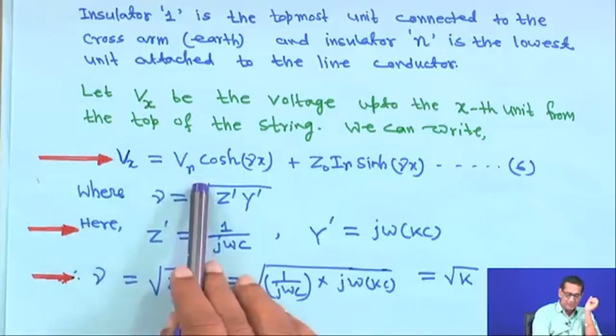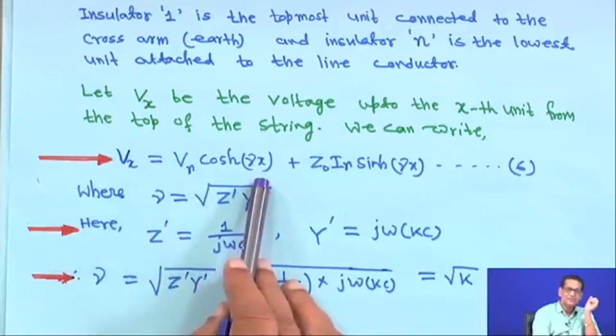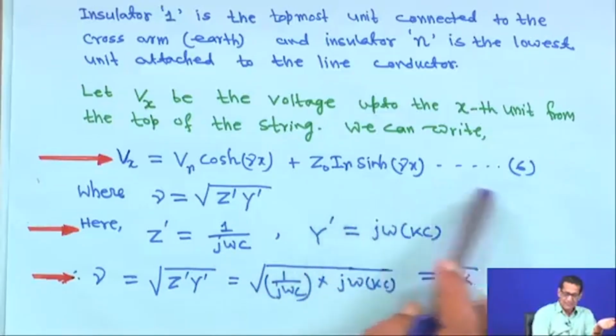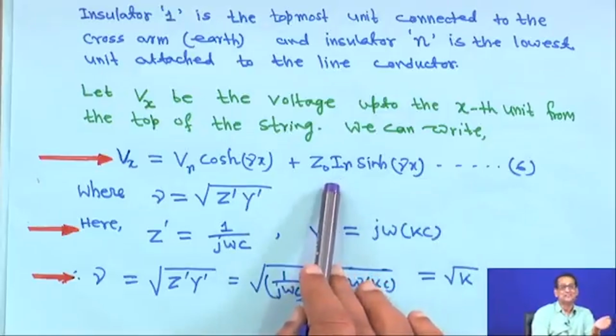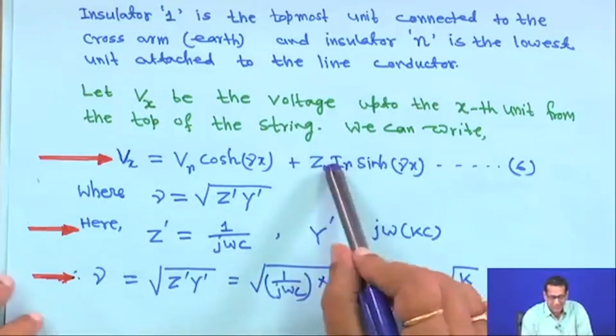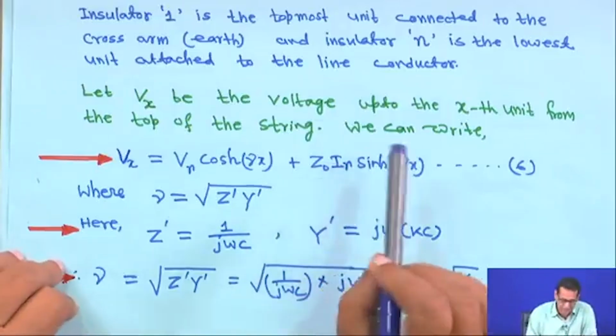So, Vx is equal to Vr cosh gamma x plus Z0 IR sinh gamma x. This is equation 6, known to us from the long transmission line voltage calculation.